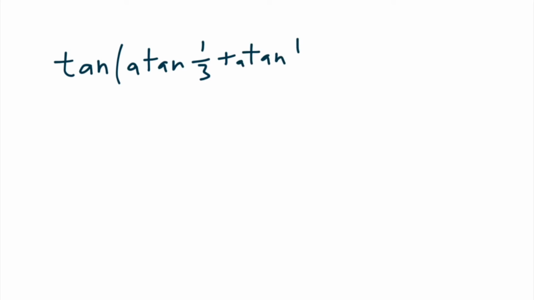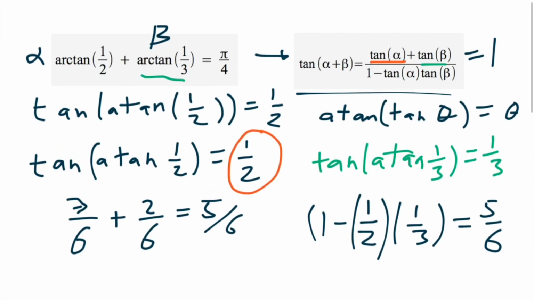So let's write this whole thing out. We have tangent of arctan 1/3 plus arctan 1/2. It doesn't matter what order you write them in. This equals 1. And now we can solve from here, because going back to the other page, remember I said that arctangent of tangent equals whatever's inside.